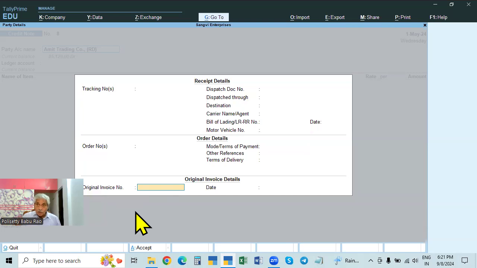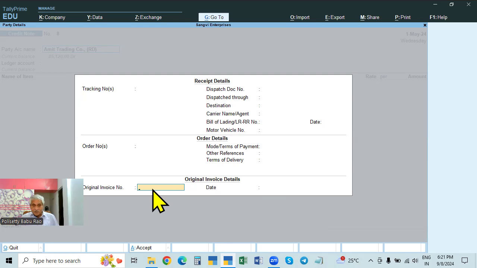So now the goods are returned against which invoice? We separate goods into invoices. So in which invoice we sold the goods, that is the original invoice number from which we return the goods.